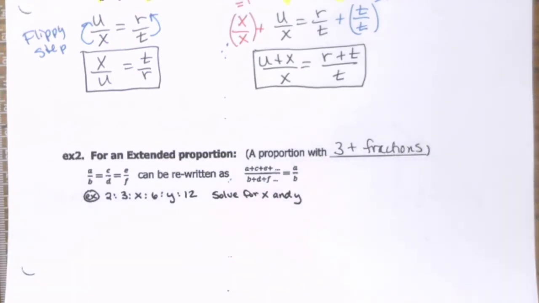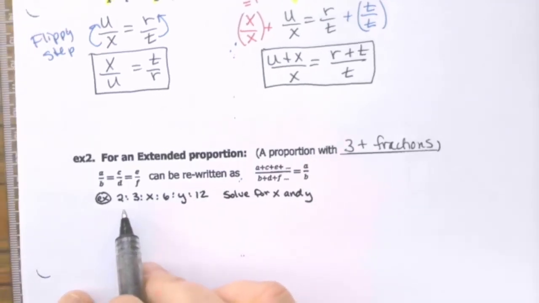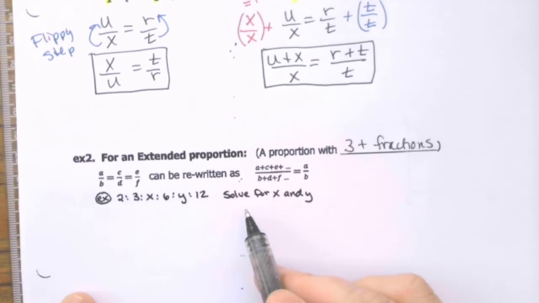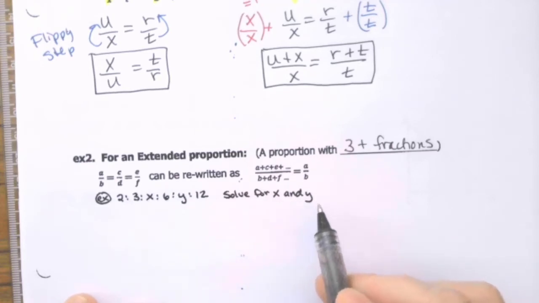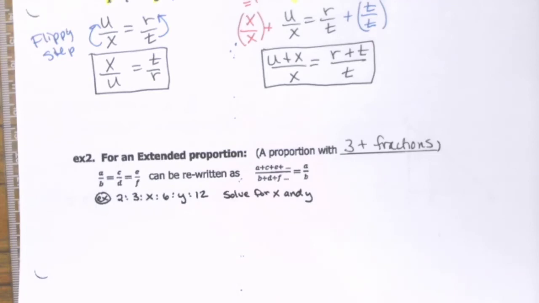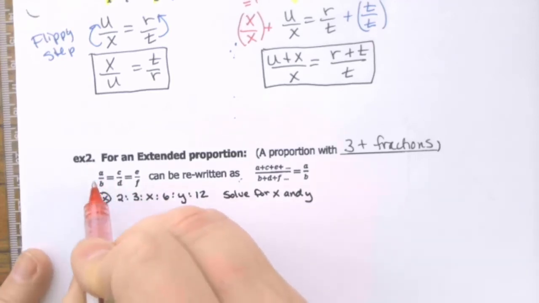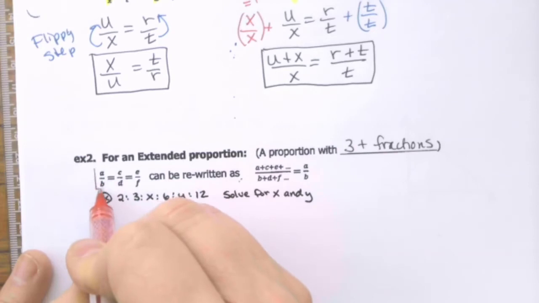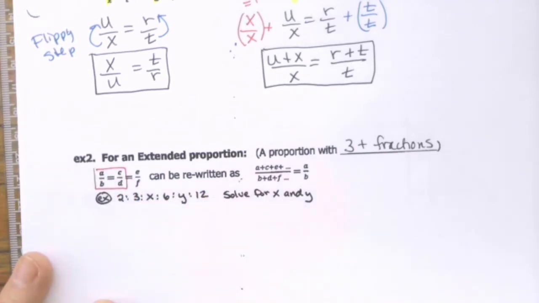All right, so we're going to actually use this property. Here we go. This is our colon form. We're going to use this property to solve for x and y. Okay? So remember that you can take the first two equal to each other and solve. So this would be the first 2.